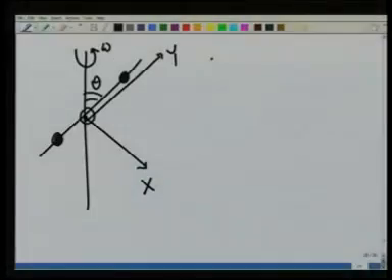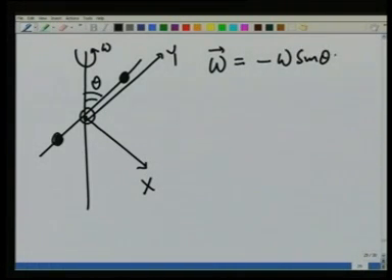Now, at this given position, you will see that omega has two components, one along the negative x axis of the body. So, it is minus omega sin theta i, where i represents the direction of the principal axis x, plus omega cosine theta j, and there is no z component.